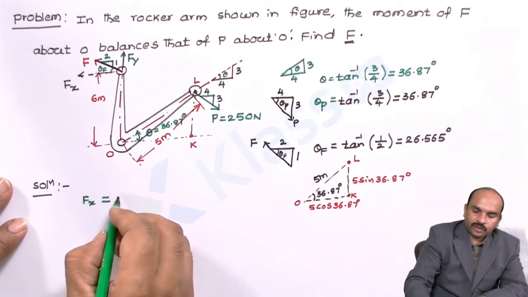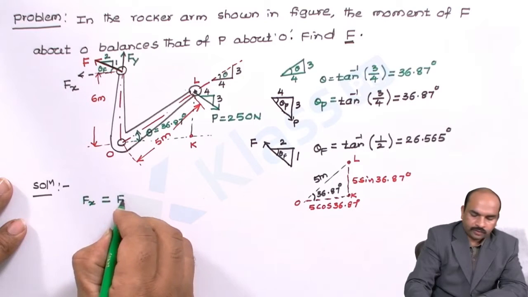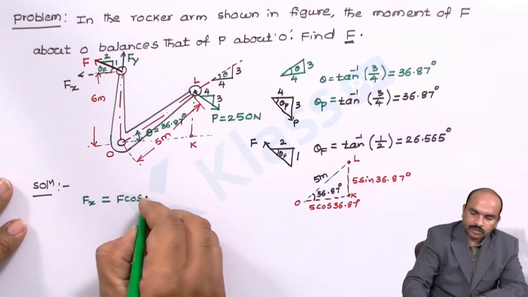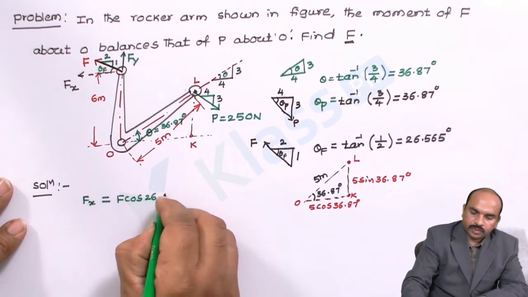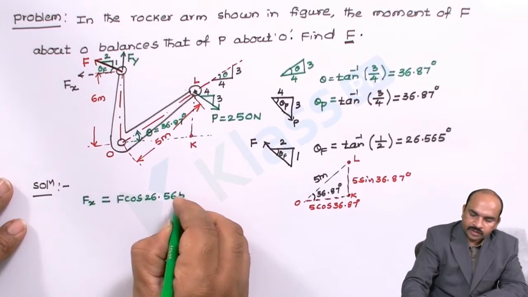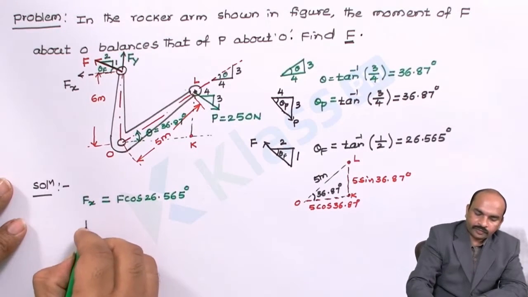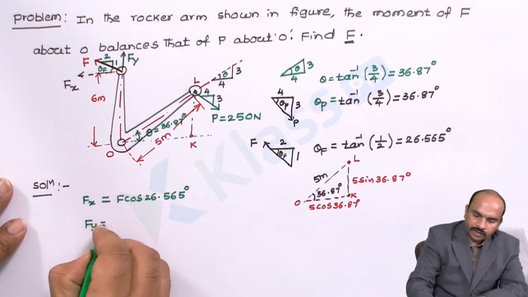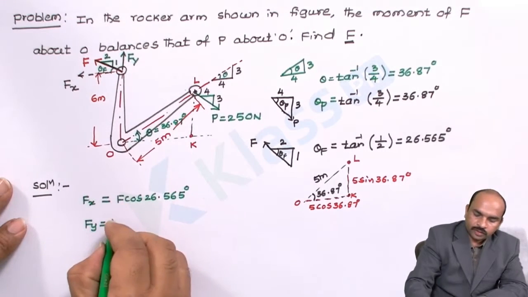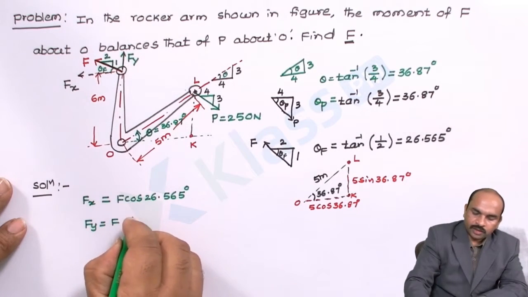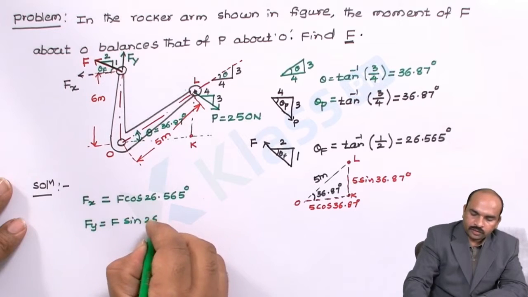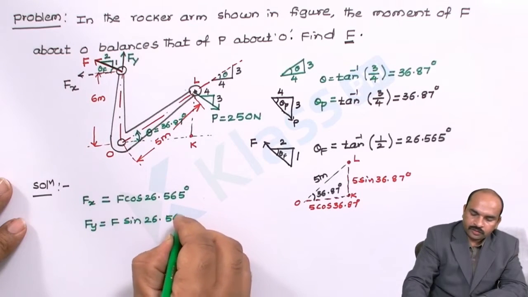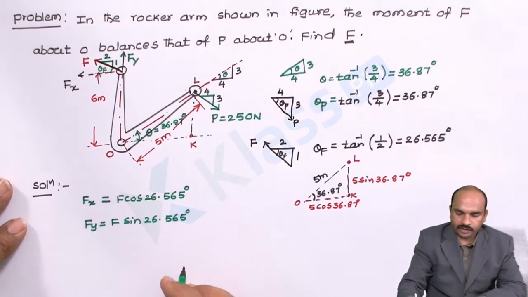So now Fx will be F cos 26.565 degrees. Then Fy is an upward force, so that is plus F sin 26.565 degrees.